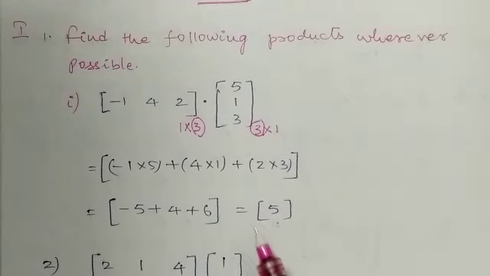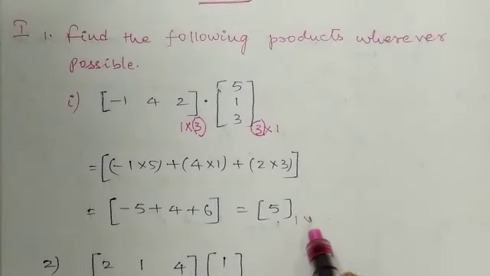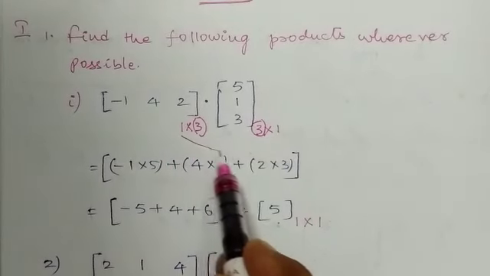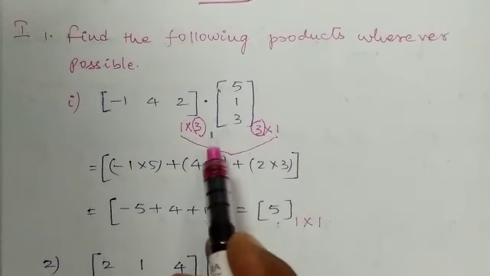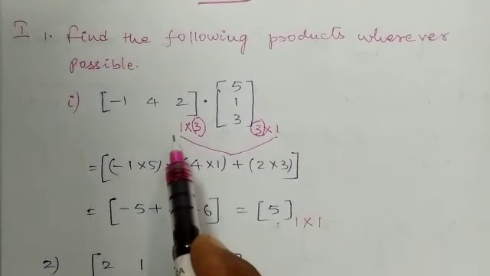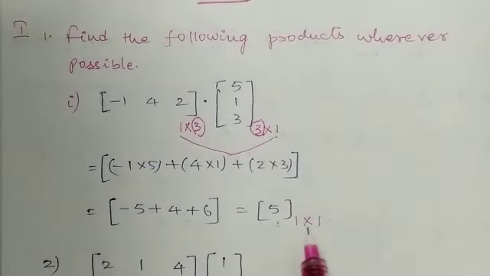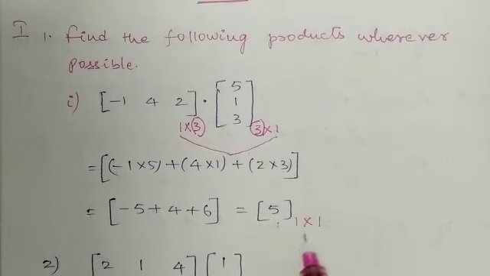So the resultant matrix is of order 1 by 1. See here, these two numbers which are not rounded, 1 and 1, that become the order of resultant matrix. So 1 row, 1 column, 1 by 1 matrix.